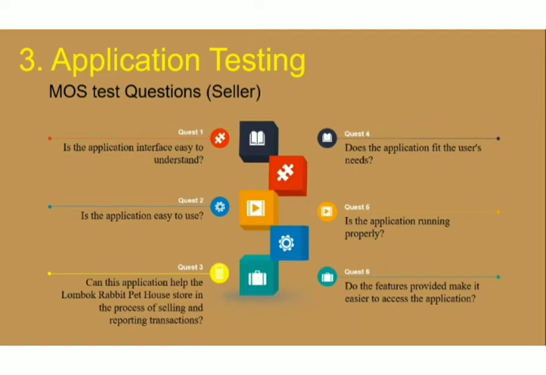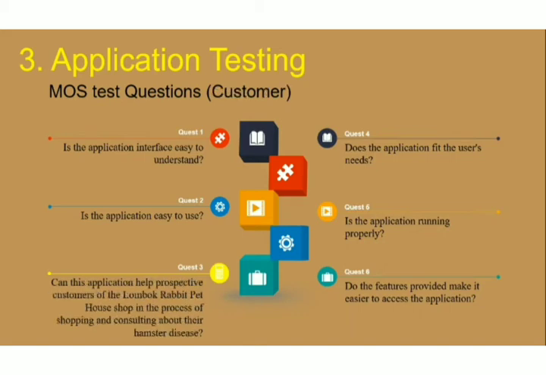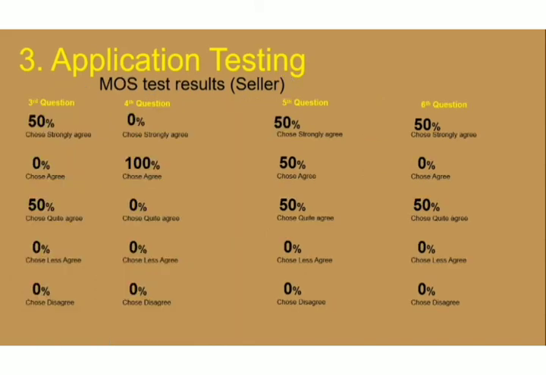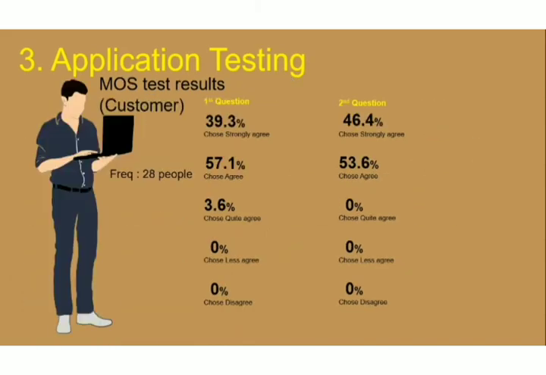And here is for sellers, and this one is for customers. Then this is the MOS test result for the seller side that has 2 respondents, and this is for the customer side that has 28 respondents.